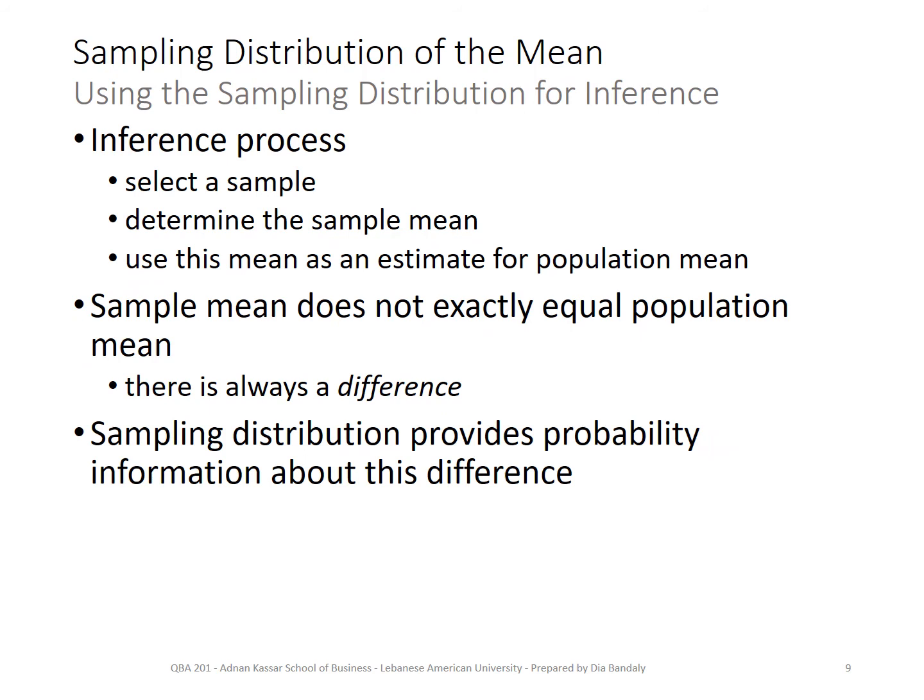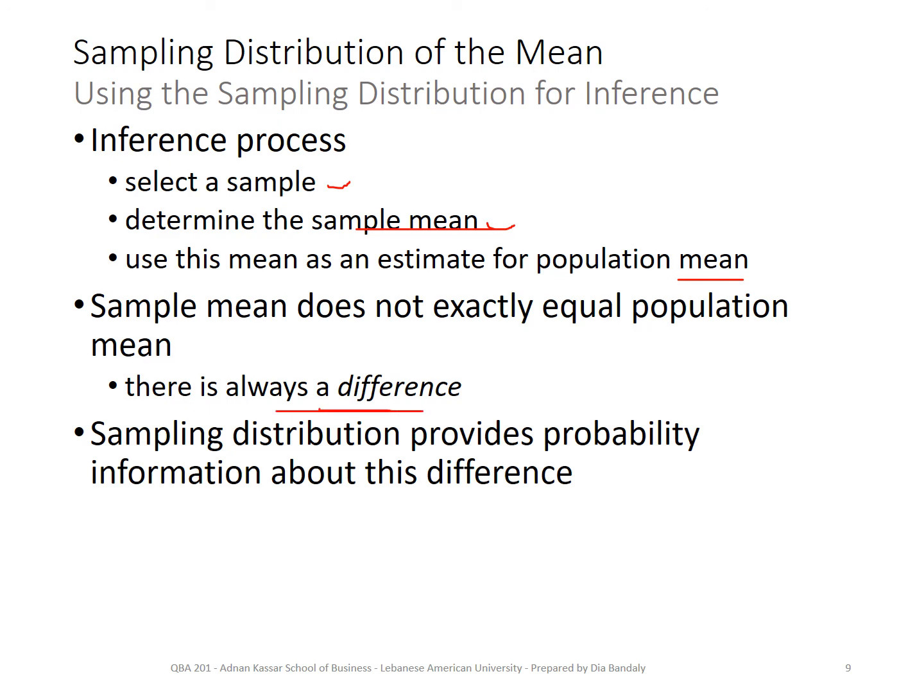So how does the sampling distribution help me in making inference about the population? We know in the inference process, we select a sample, we find a sample mean, and this sample mean would be an estimate for the population mean, right? As we discussed before. However, we know for sure that this sample mean, that specific sample, would not necessarily lead to a mean equal exactly to the population mean. There is always a difference.